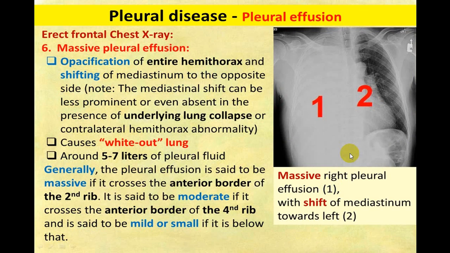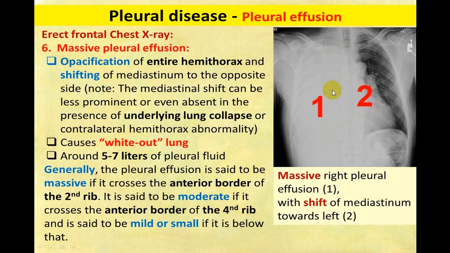Now here you can see that there is a homogeneous opacity. You can't identify the right paratracheal strip. You cannot identify the superior vena cava, right border of the heart, diaphragm, costophrenic angle, chest wall. So the entire chest on the right side is involved. There is a shift of trachea to the opposite side. There is a shift of mediastinum to the opposite side.